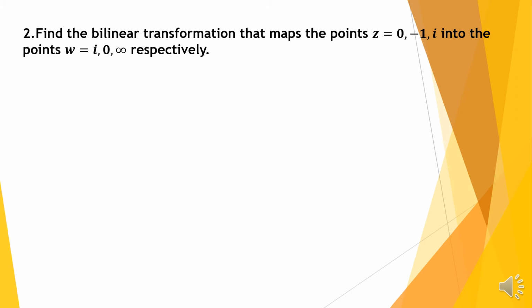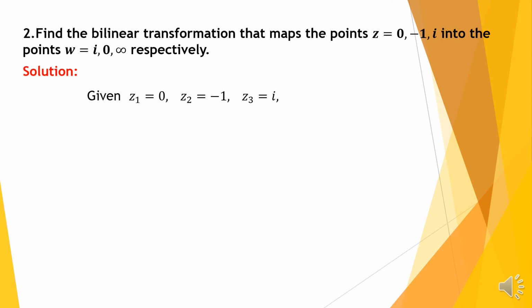Now the second problem: find the bilinear transformation that maps the points z is equal to 0, minus 1, i into the points w is equal to i, 0, infinity respectively. Solution.